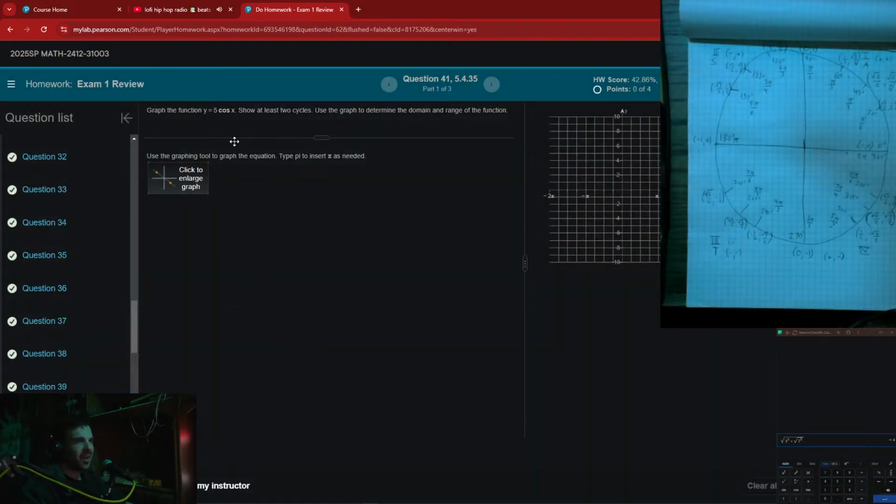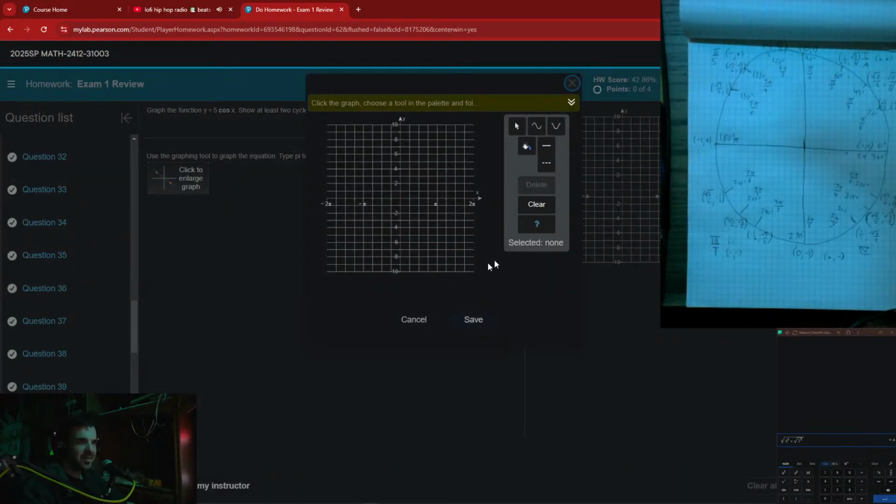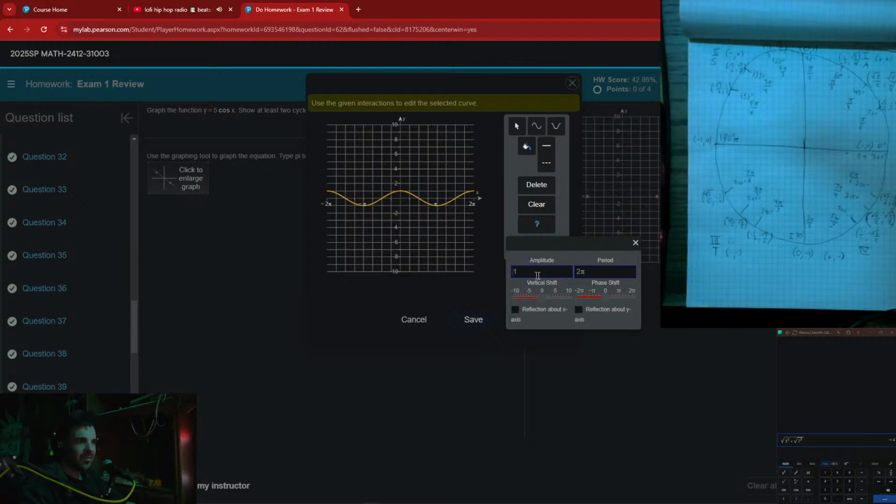Graph the function y equals cosine x. Show at least 2 cycles. Use the graph to determine the domain and range of the function. Okay, so I just need to add the amplitude and make sure it's a cosine. Not 51.